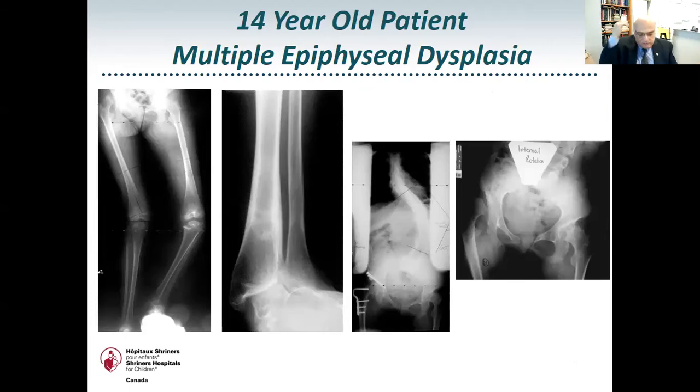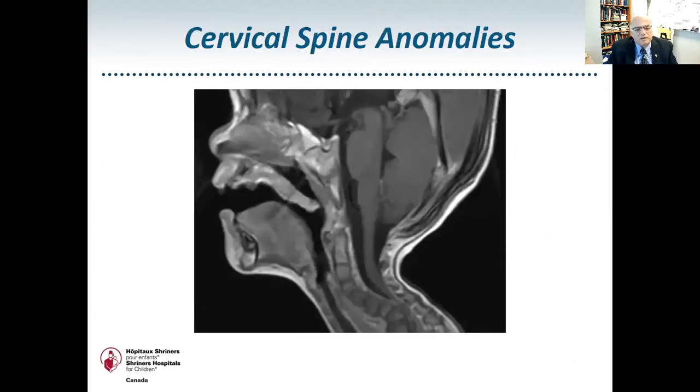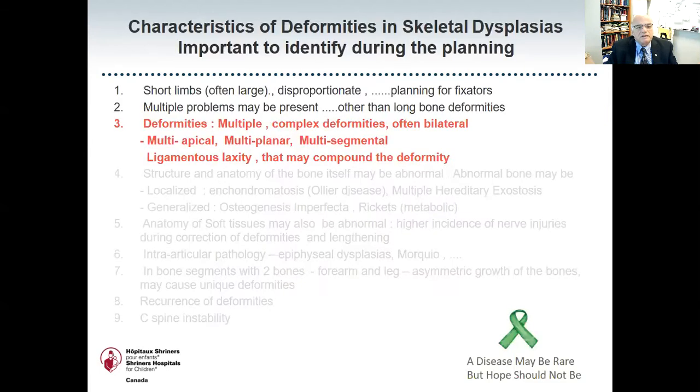So a careful, complete musculoskeletal exam, and in fact a general exam, is really warranted in all these conditions, so as not to miss any other deformity. Of course, C-spine anomaly is extremely important. In fact, any patient with skeletal dysplasia has a C-spine abnormality until proven otherwise.